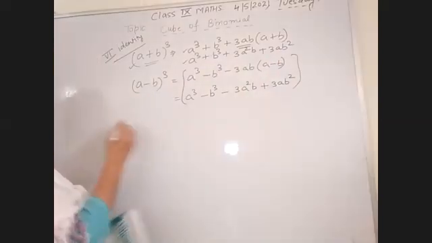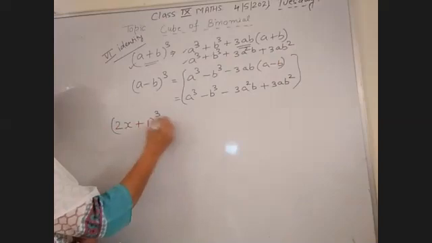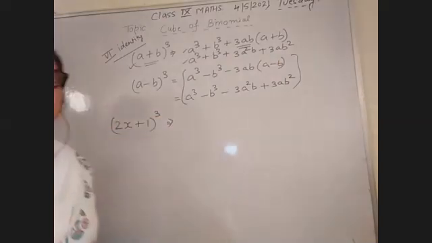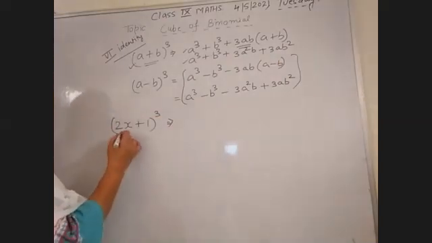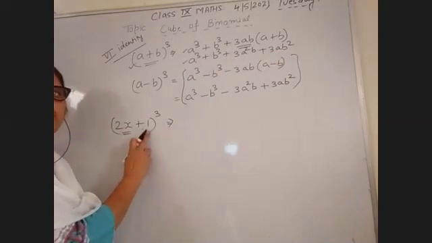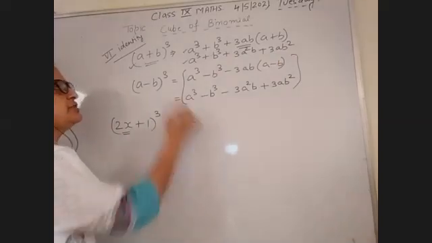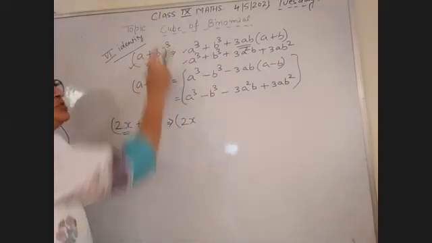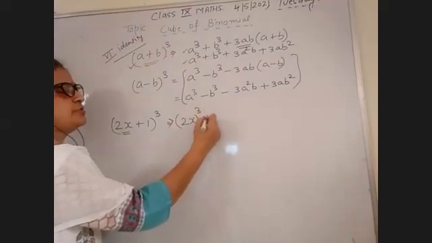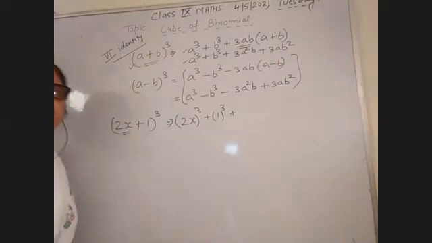Your first question, I am taking your first question, 2x plus 1 whole cube. In this question, you have been given a is equal to 2x and b is equal to 1. How will you solve this question now? First you will use this identity, a plus b whole cube. So 2x cube plus 1 cube plus 3ab.